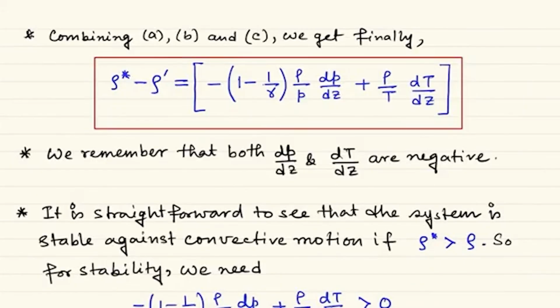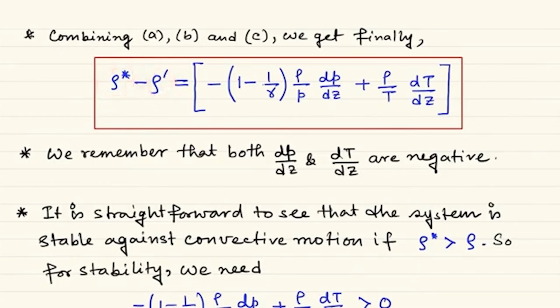Finally we have rho star minus rho prime is equal to minus 1 minus 1 by gamma, rho by p dp/dz plus rho by T dT/dz. Now understand one simple thing: for an ideal gas in hydrostatic equilibrium, in general dp/dz and dT/dz are negative. Combining all these, what we get is the difference between the density of the blob in its new position and the density of the surroundings at the new position.